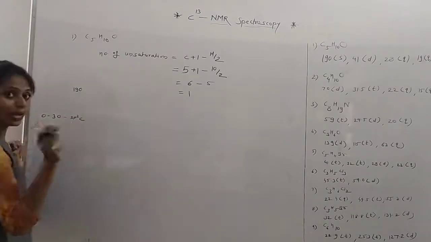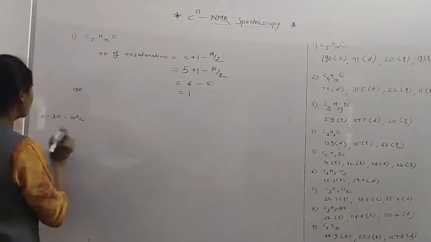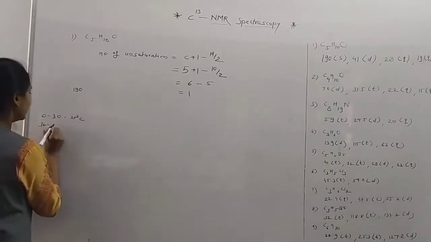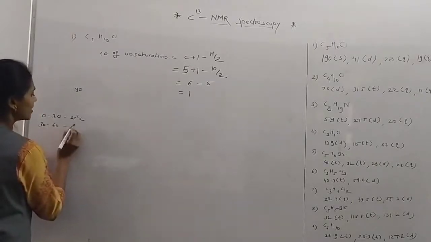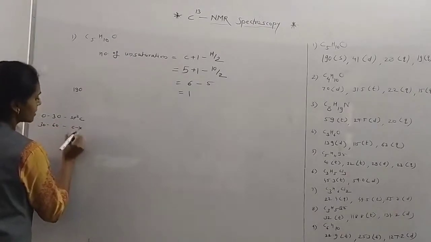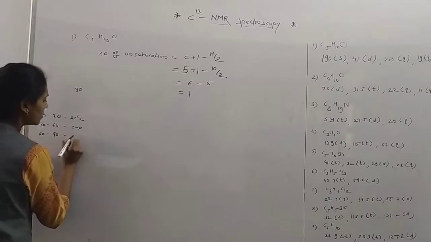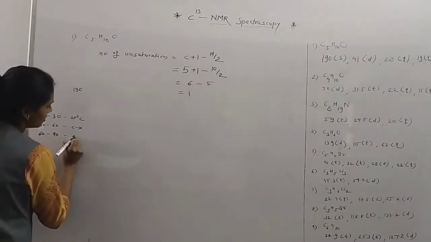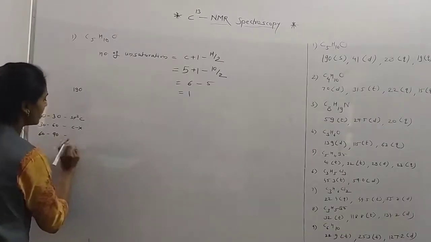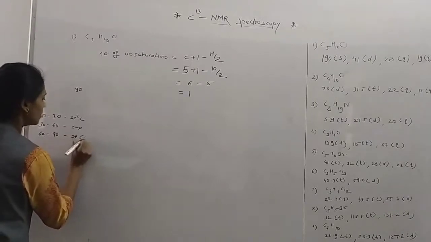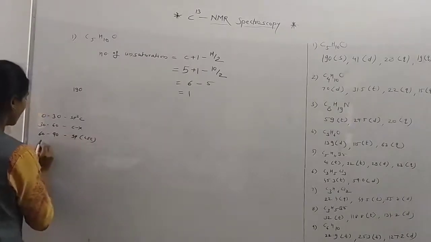I already gave you this, but I write it again: 30 to 60 is near to CX. 60 to 90 is the alkyne region, or sp hybridized, the triple bond carbon.